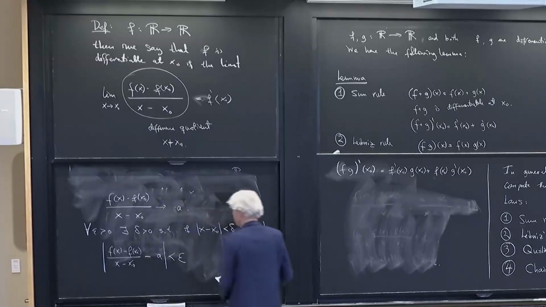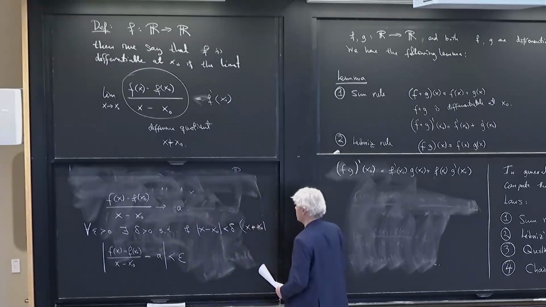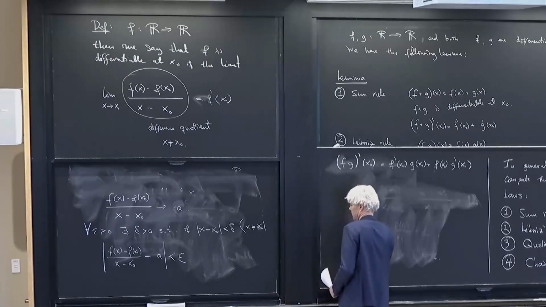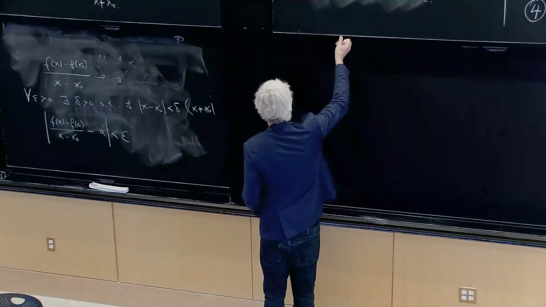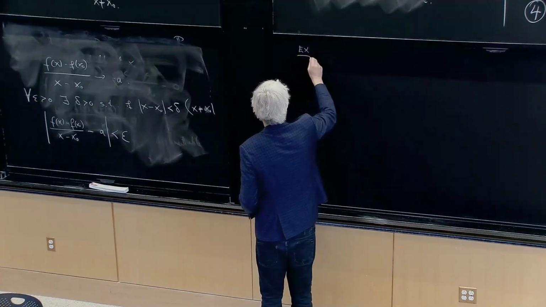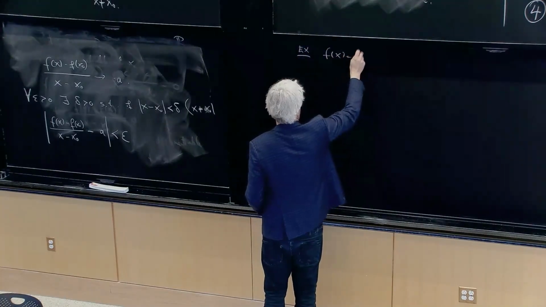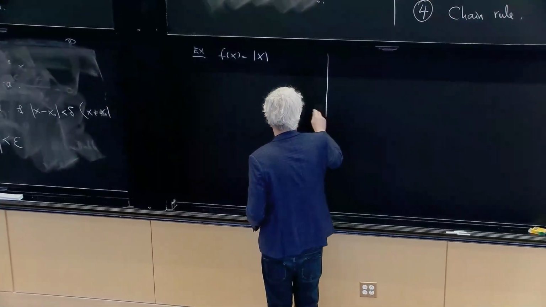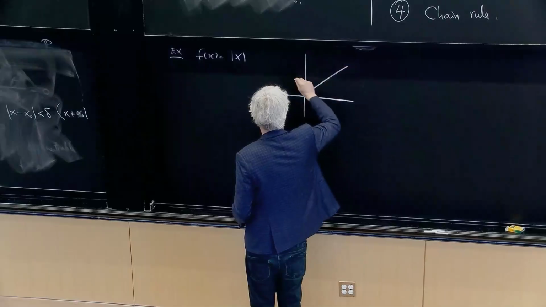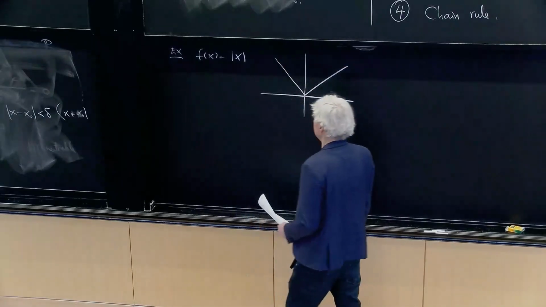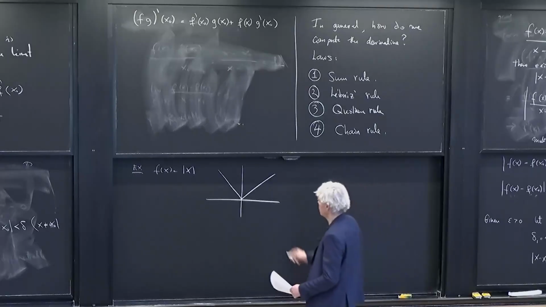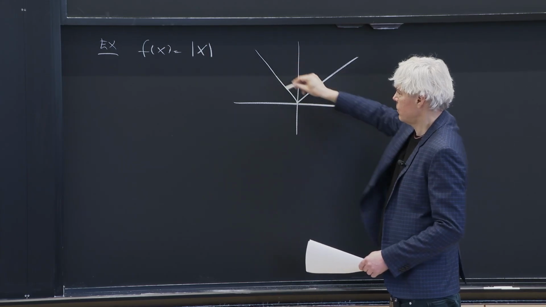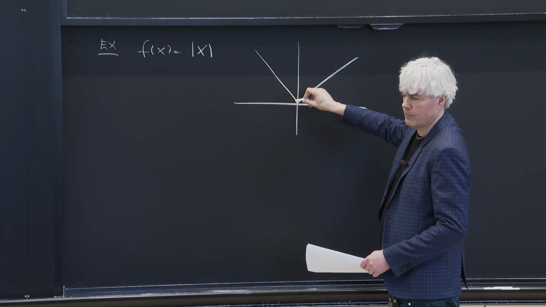Okay, and so you see again in the example that we just looked at, where f of x was equal to the absolute value of x, if you were graphing it, then this looks like this, right? And we saw that when you approach it over here, the difference quotient was 1. When you approach it over here, the difference quotient is minus 1.